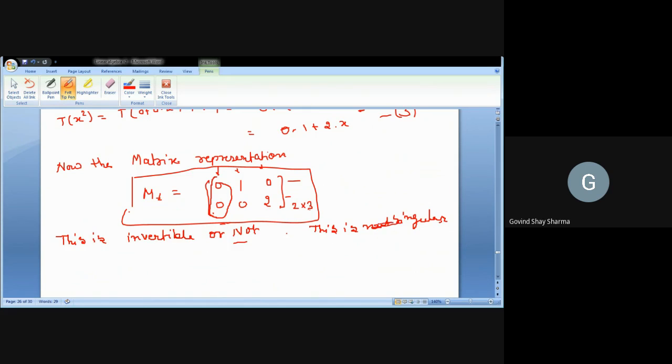This is a singular matrix because one column is 0 here, so it is not invertible.